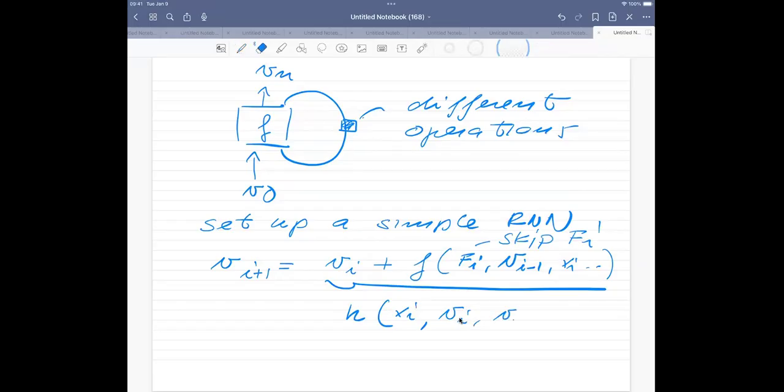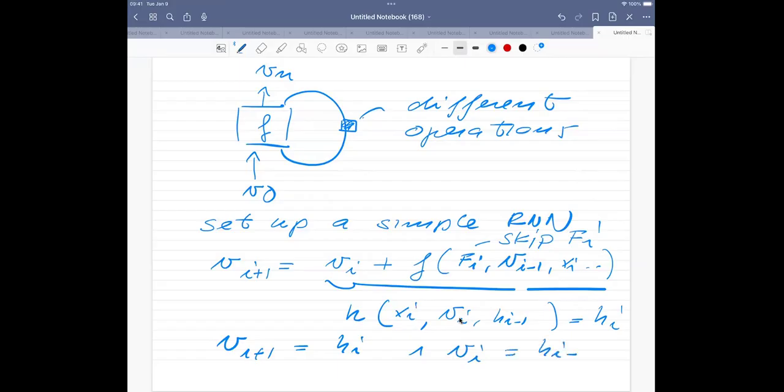And what we could do then is simply to replace that one with some function h of I minus 1, and then there can be some further dependencies. So what we are going to say now is that this v of I plus 1 is given by this function h of I. And then we have our v of I, which is given by a function h of I minus 1.